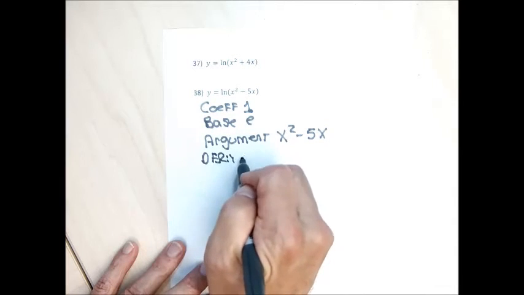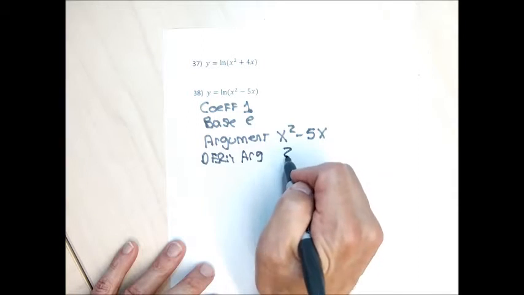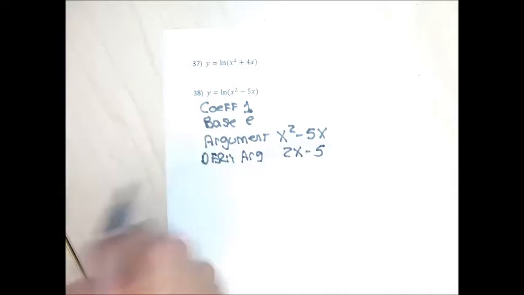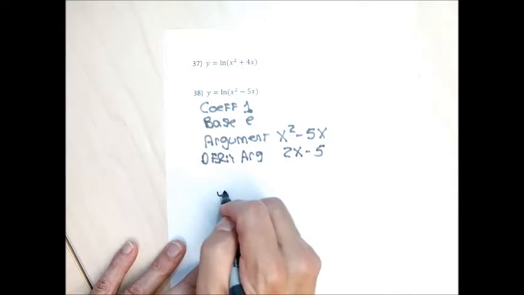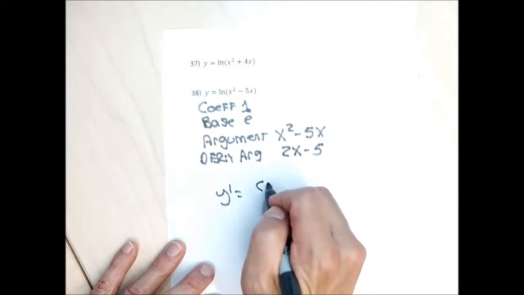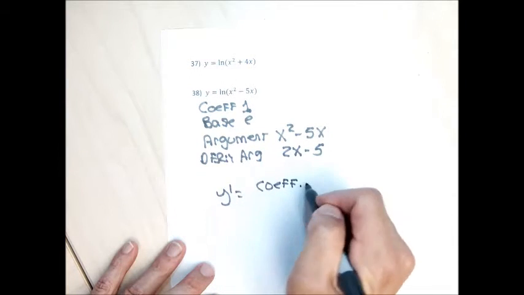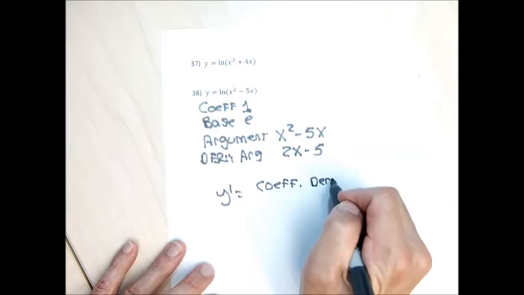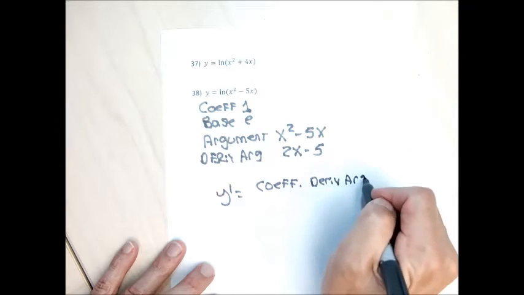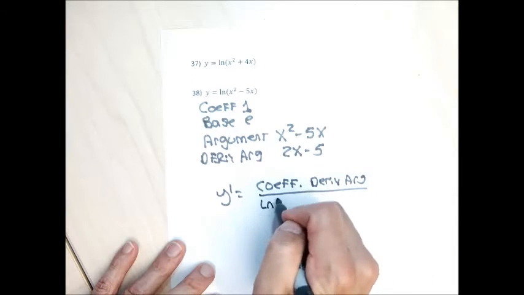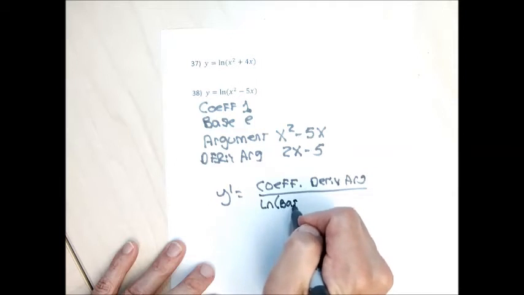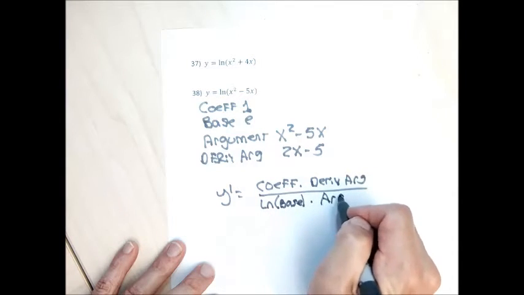And the derivative of the argument is 2x minus 5. When I go to write my derivative down, again, it's the coefficient times the derivative of the argument over the natural log of the base times the argument.